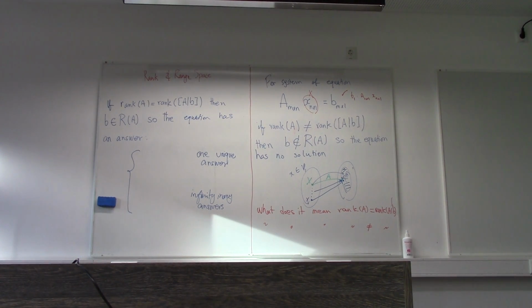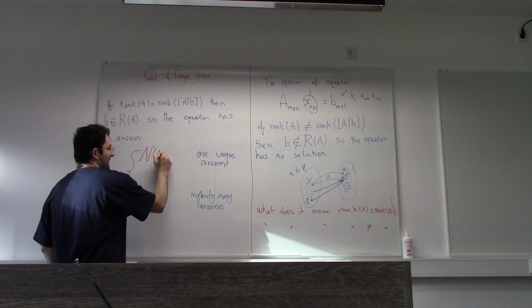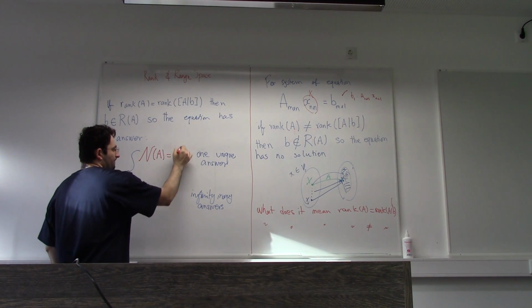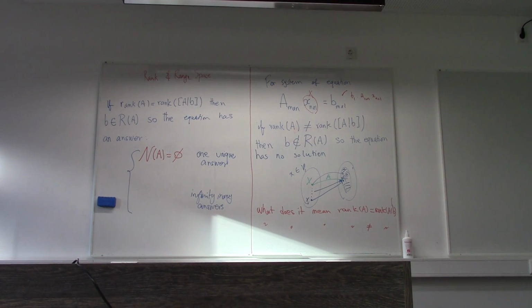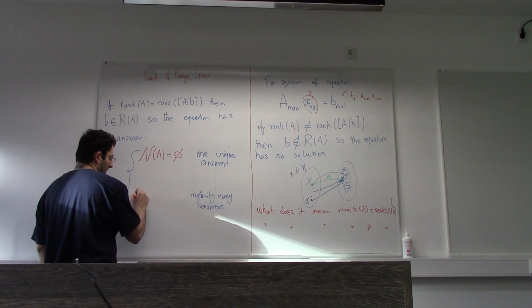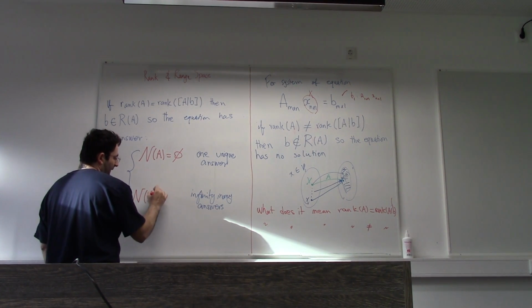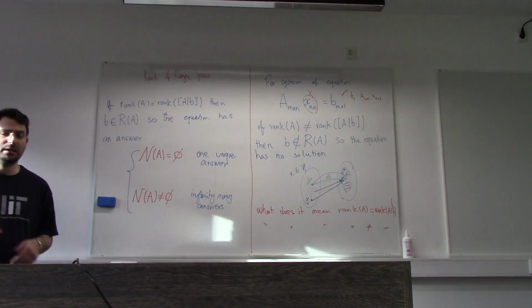Again, this was something that we had before. We discussed that one. If the null space of A is empty, is 0, we have the unique answer. If it is not, then we have infinitely many answers.